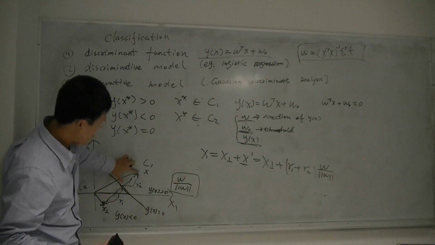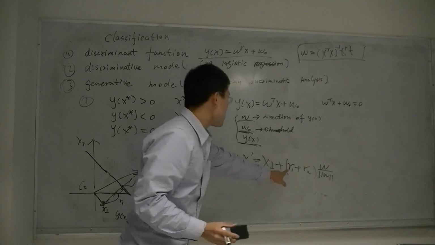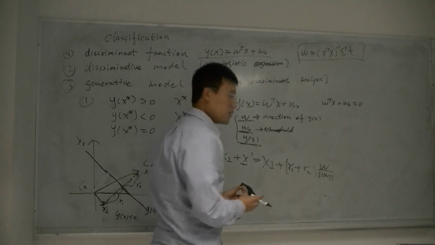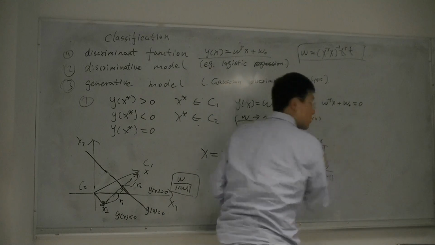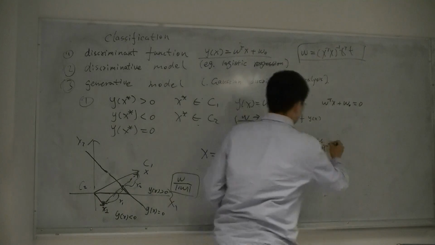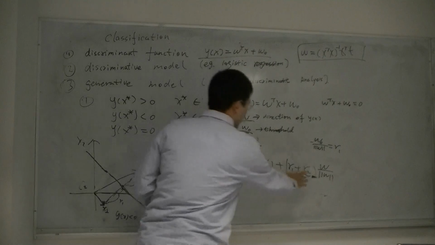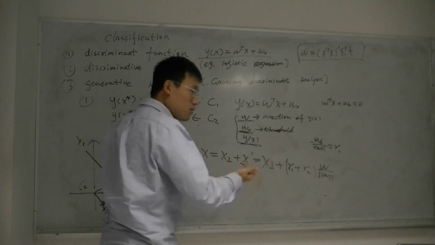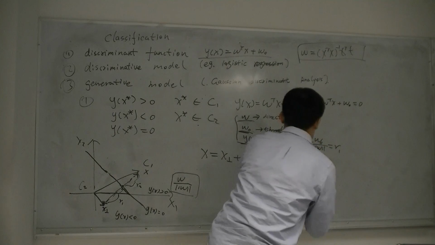What's R1? I just showed you R1 is minus omega 0 over the magnitude of omega. And what's R2? We don't know, so we try to get what R2 is here.